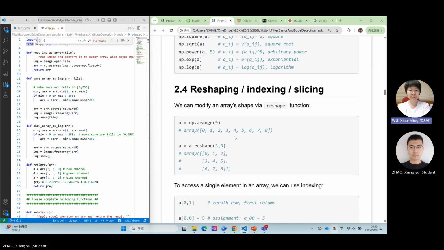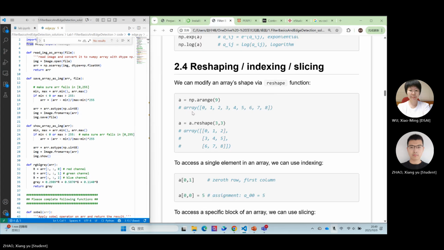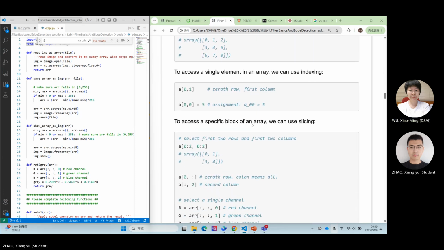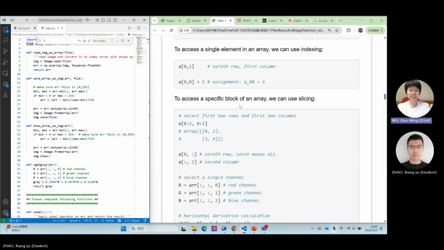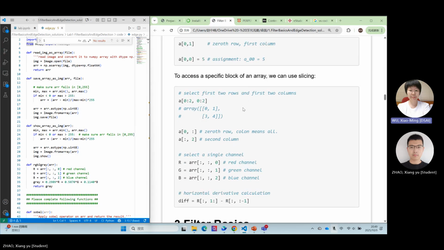Because an ND array is an n-dimensional array, you can modify the array shape via the reshape function. Take this example. The array is a list, and when you use reshape, it will be a 3 by 3 array. And you can use indexing, slicing, and a lot of operations. These operations you can try by yourself.